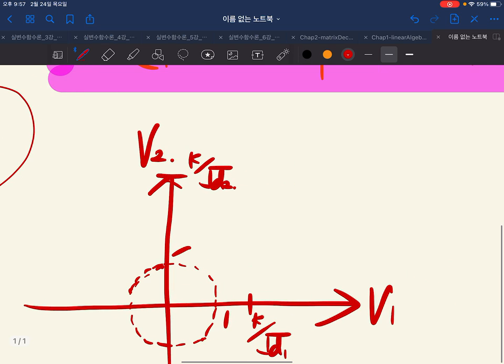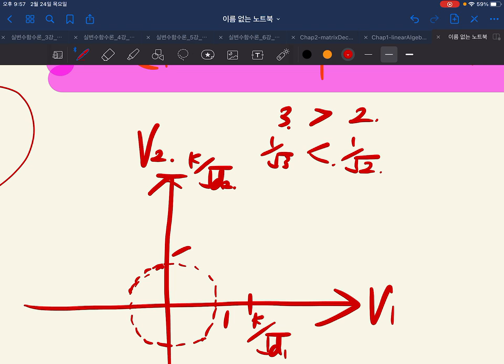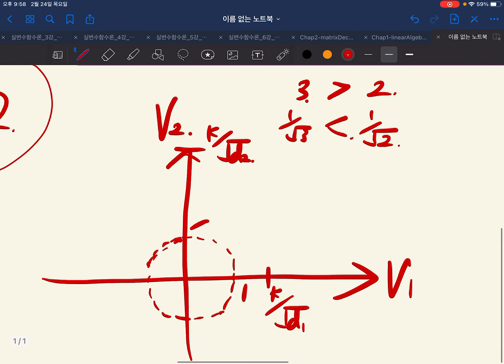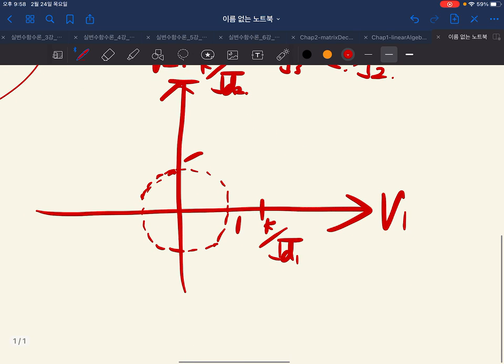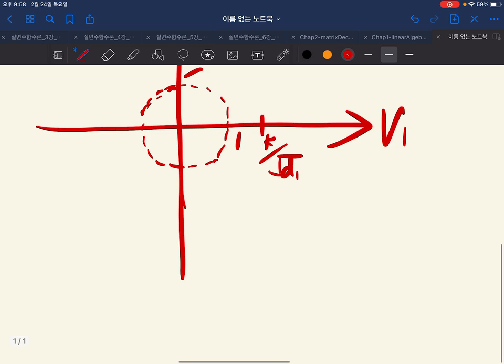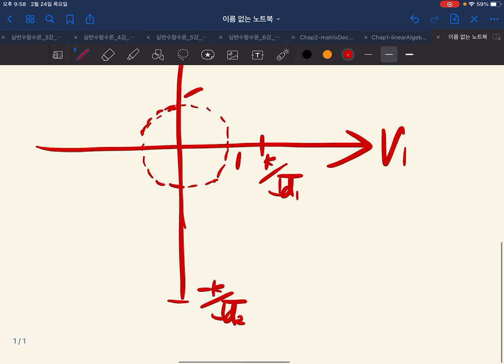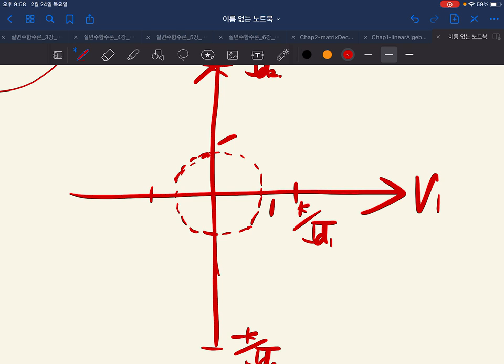So if 3 is larger than 2, you can easily see that 1 over square root 2 is larger than 1 over square root 3. So this is minus k over square root of d2 and minus k over square root of d1.